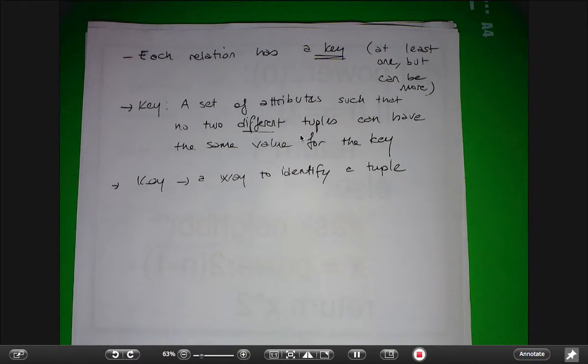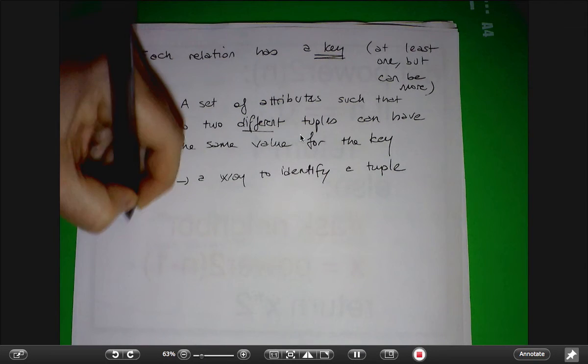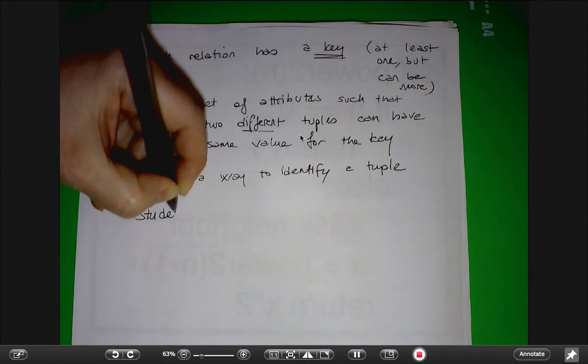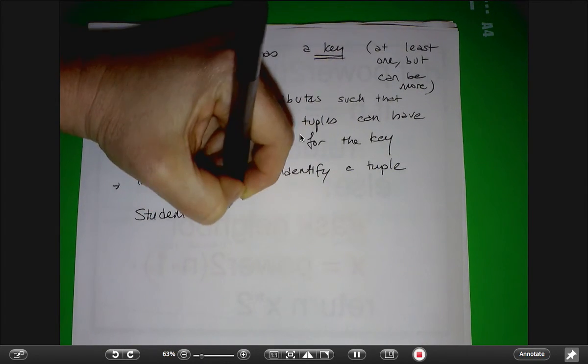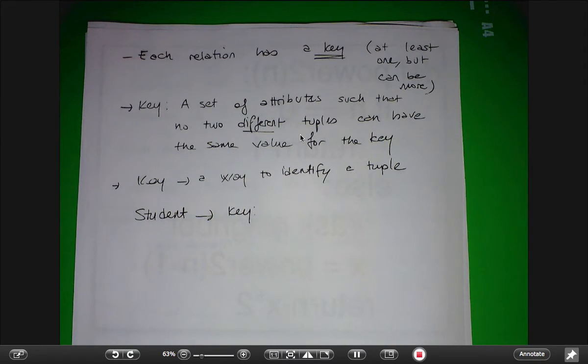So let's try to talk about some examples of relations. So let's say student. If student is a relation, what is the key for a student? So no two students should share the same value for ID number. So at RPI it's called RIN. Okay.